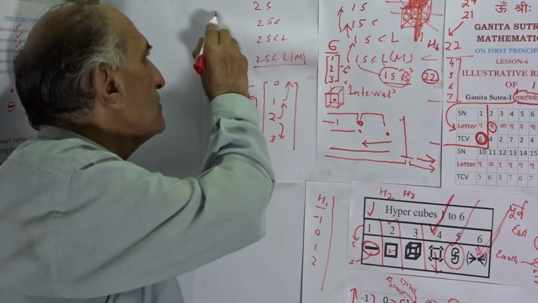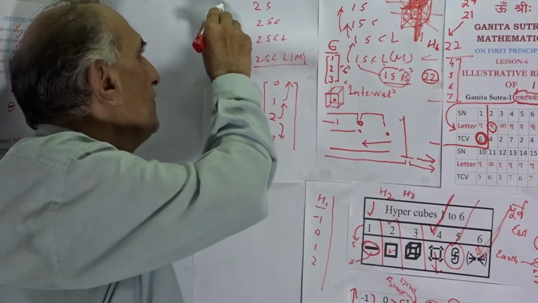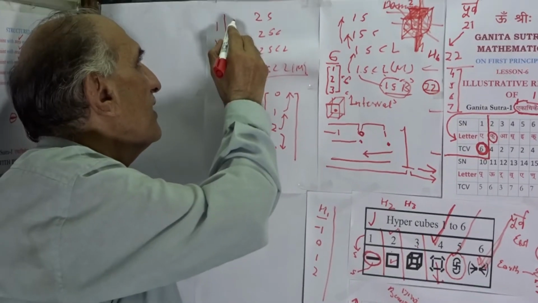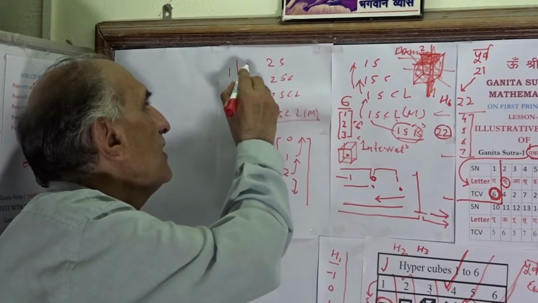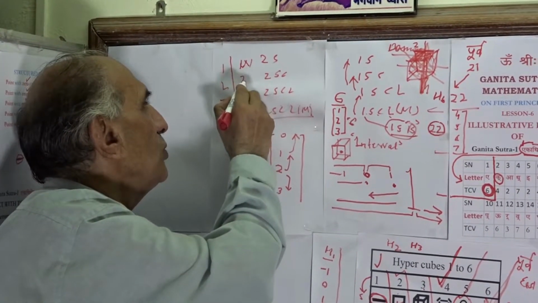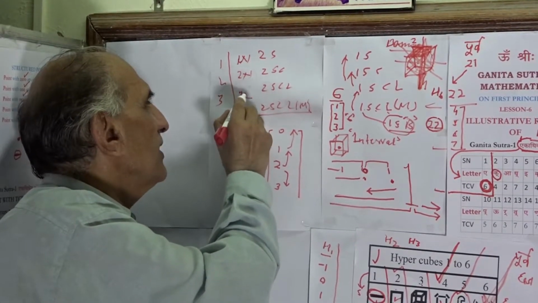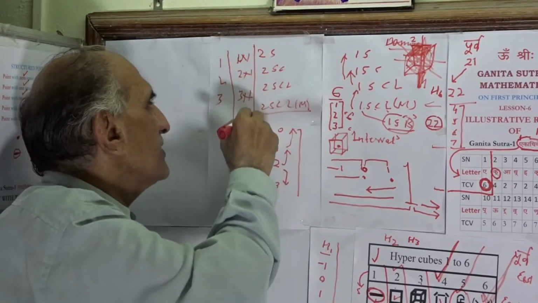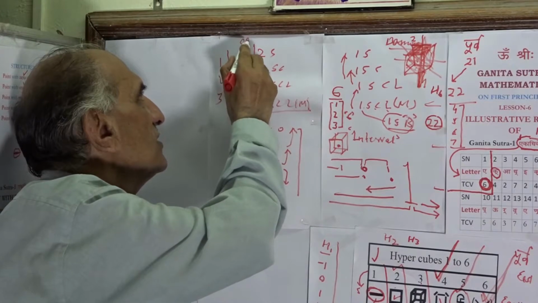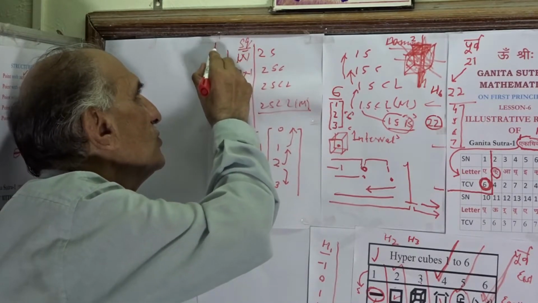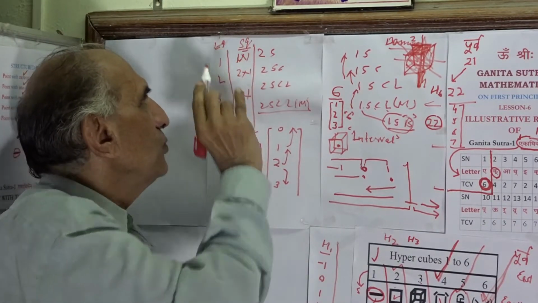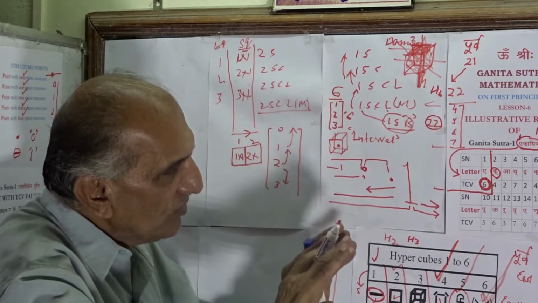Therefore, these numbers 1, 2 and 3 will take us to 1 cross 1, 2 cross 1, 3 cross 1, and therefore to the square units, area units, from length units to square units. It is one transition.